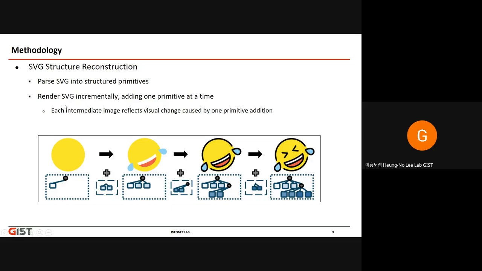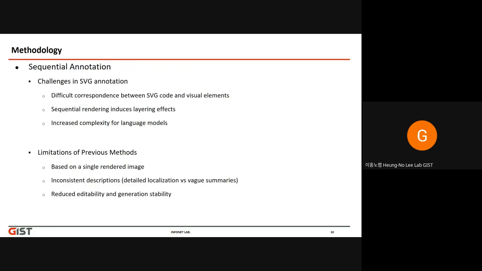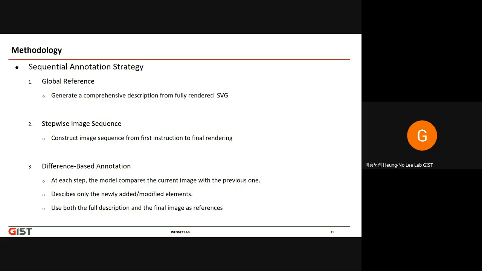So they did this step-by-step approach for each graphic, and it can be represented as these three structures. And then they give annotation for each step of the graphic generation.